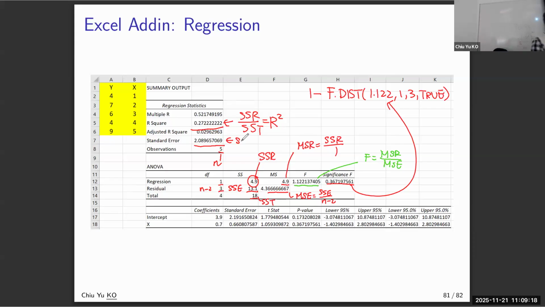Is that okay? Any question? I think that's the most important single slide in this class. Same as ANOVA, right?